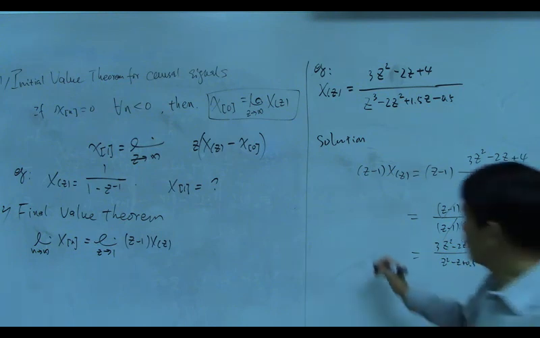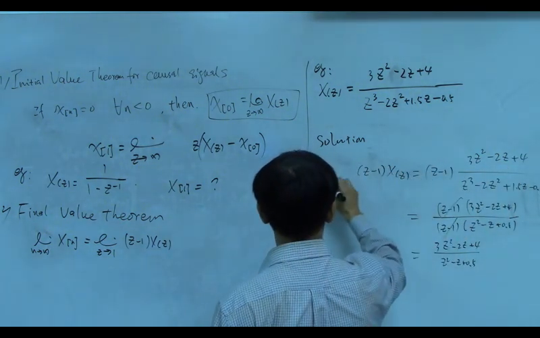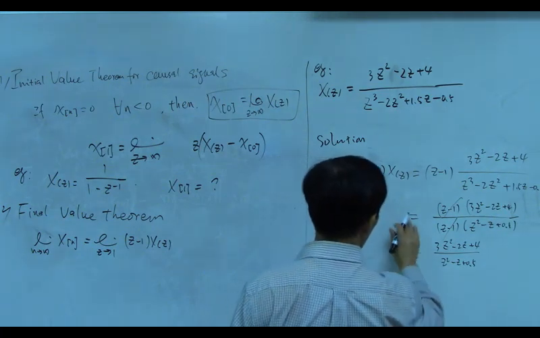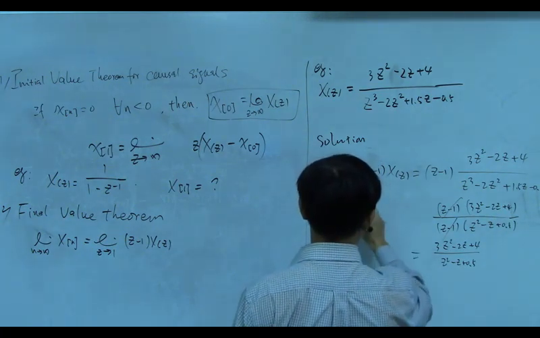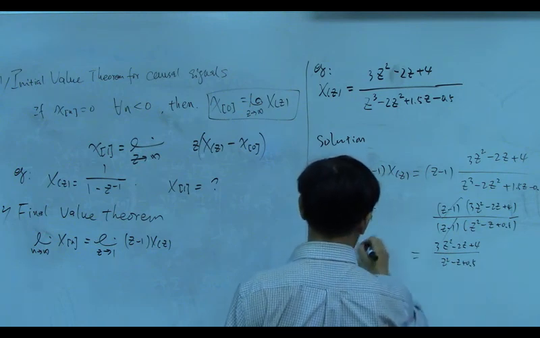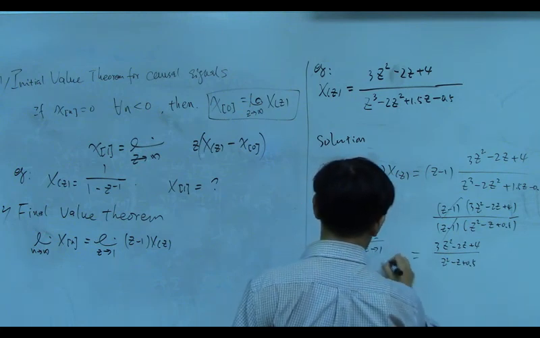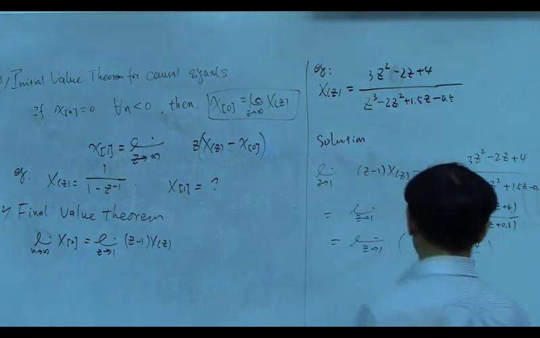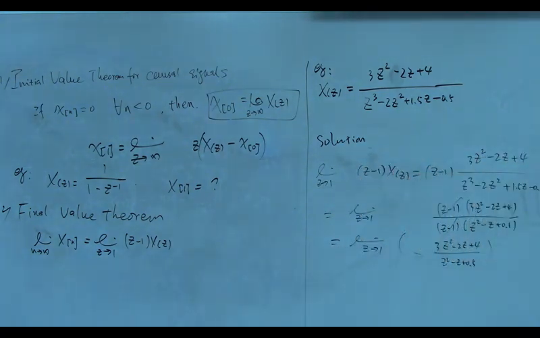We need to take the limit as z approaches 1 of this. Now look at this: z equals 1 is not a pole of this function, so we can directly plug z equals 1 in here.